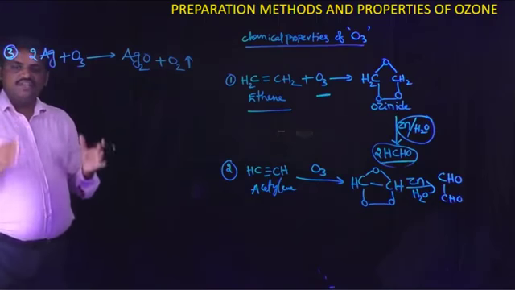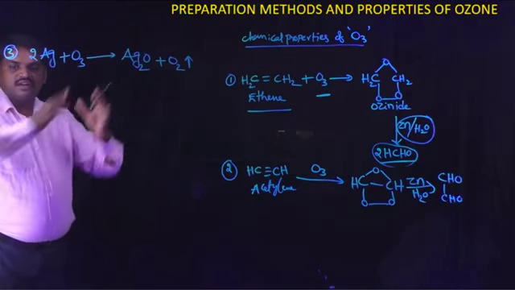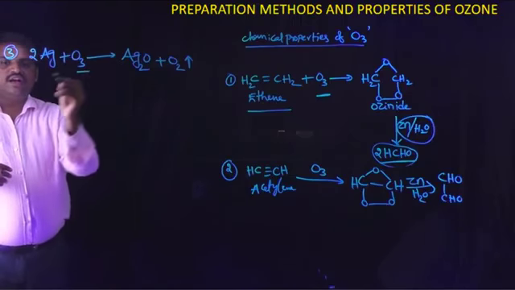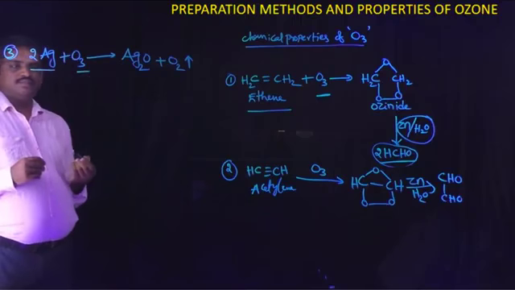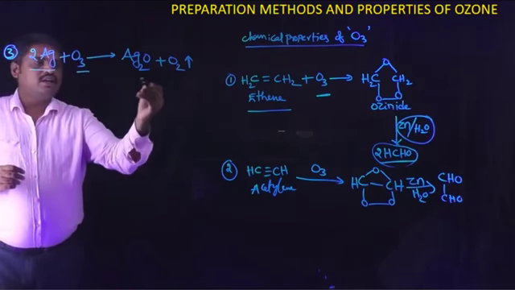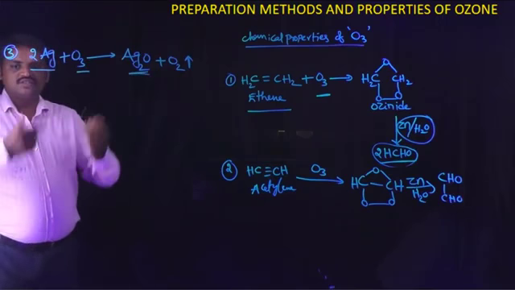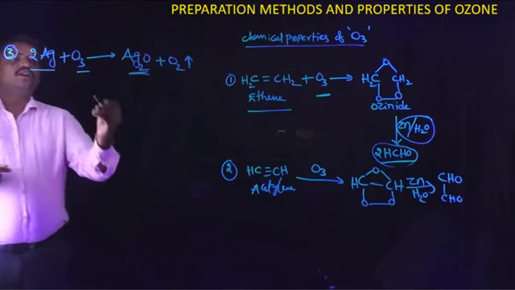This is one of the important preparation methods for dioxygen. So the pure silver is converted to silver oxide. This process is known as tarnishing of silver.